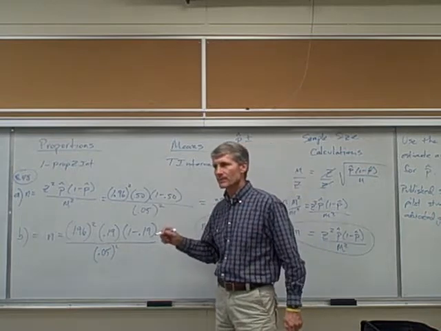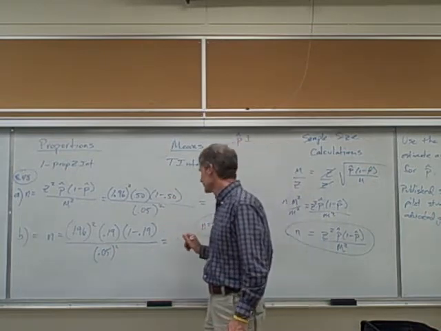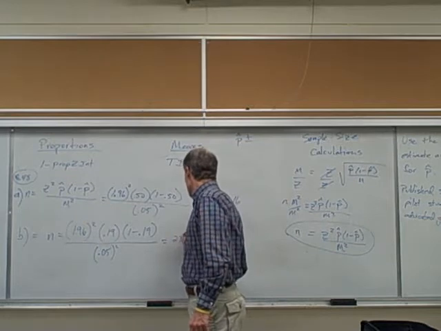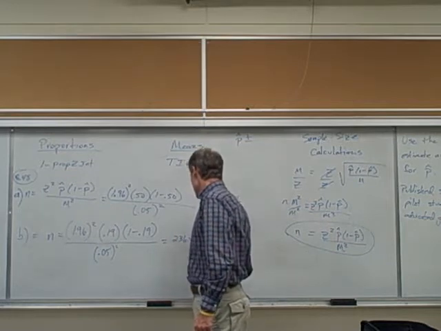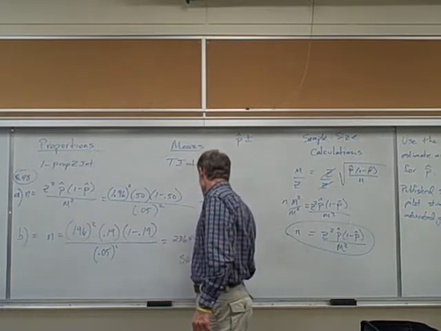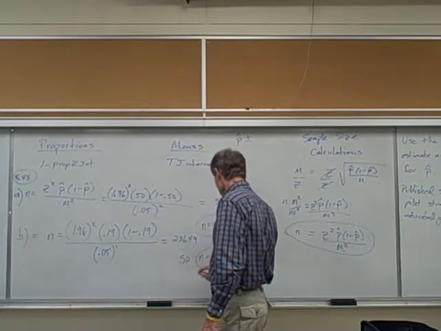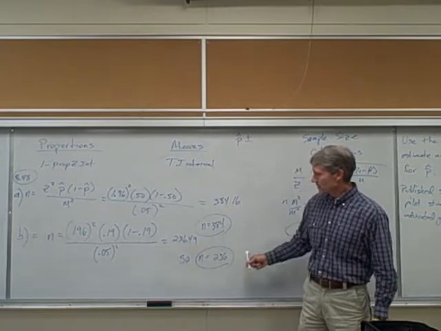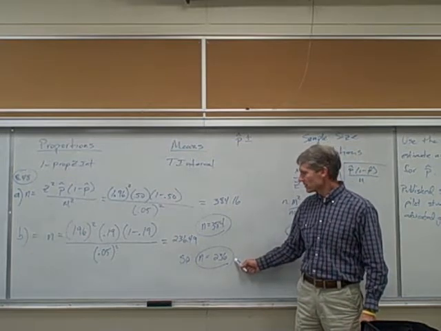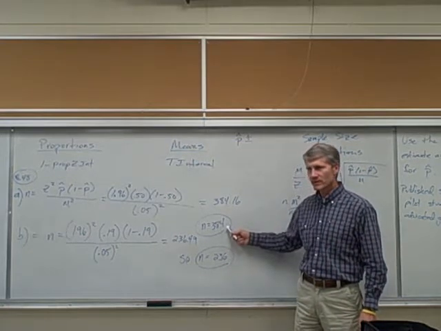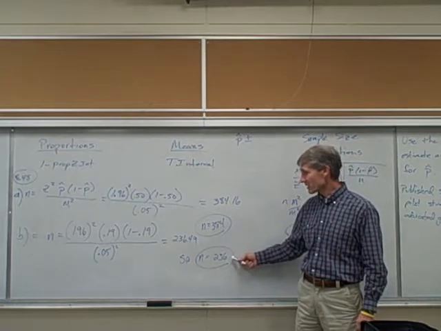Okay? Logan, you got it? 236.49. Okay, so n equals 236. Notice that that number is smaller than this number. And it's quite a bit smaller.